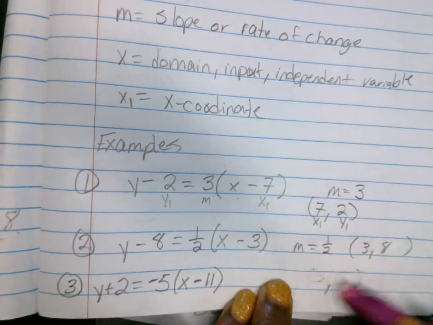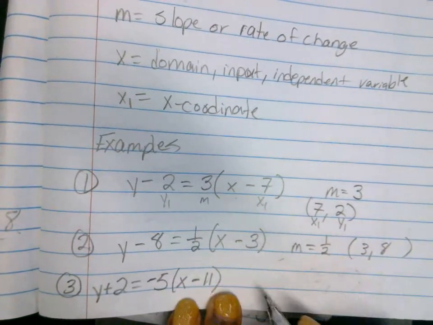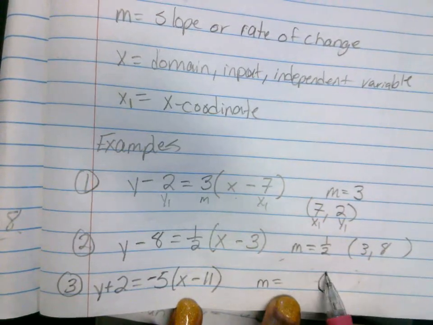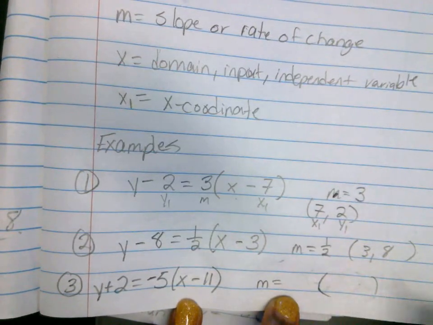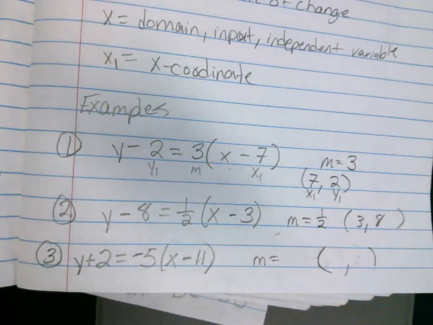So they give you 2 things of this linear equation, because it is a linear equation. They give you the slope, and they give you 1 point.